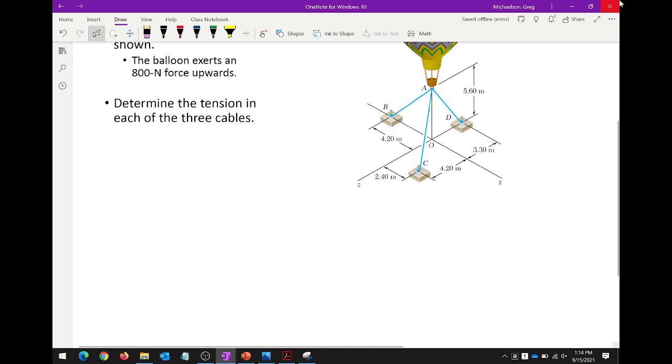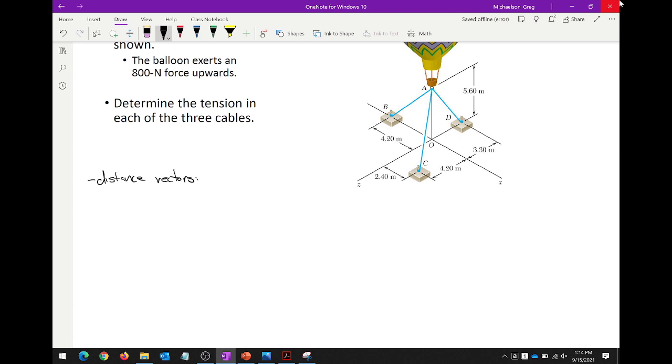Okay, so the first thing that we need are our distance vectors. Now, why do we need the distance vectors? Well, we need the distance vectors because we need to turn them into unit vectors, because we need the unit vectors to multiply them by the magnitudes of the forces in order to define our vectors, right?